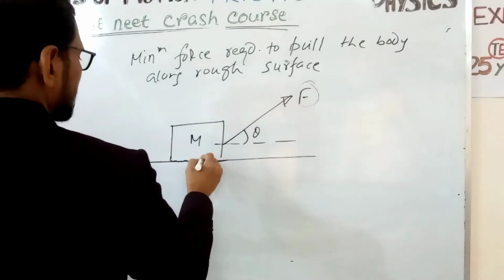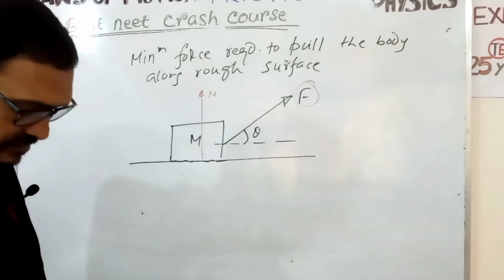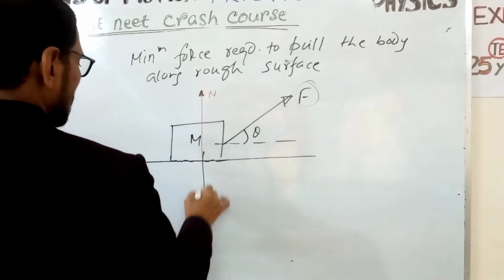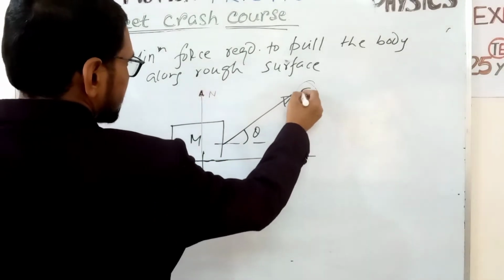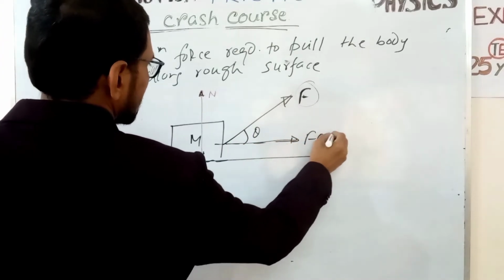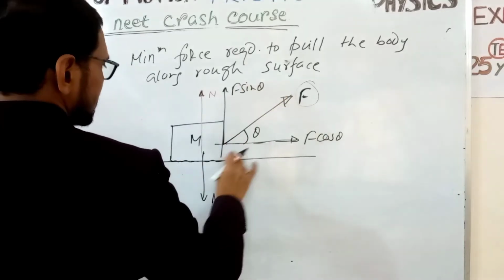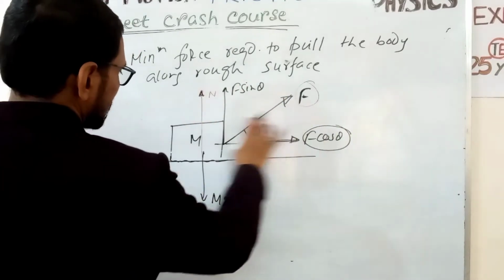Now here different forces act: the normal force N acts in this direction, and the weight mg. If we resolve the force along this direction and this direction, we get F cos theta in this direction and F sin theta in this direction. The body will move under this force along the surface.